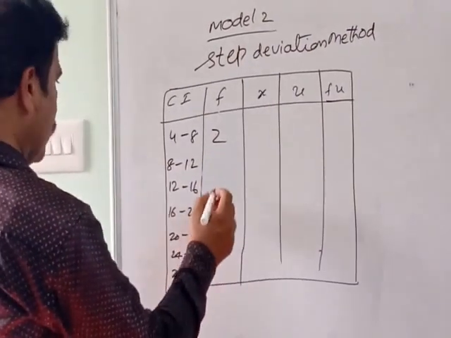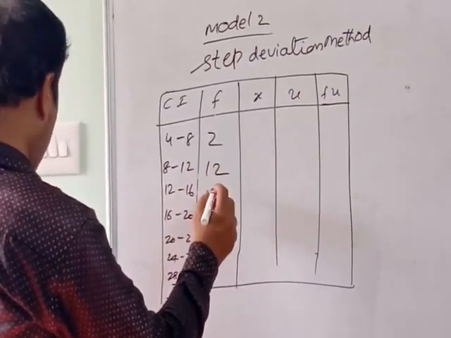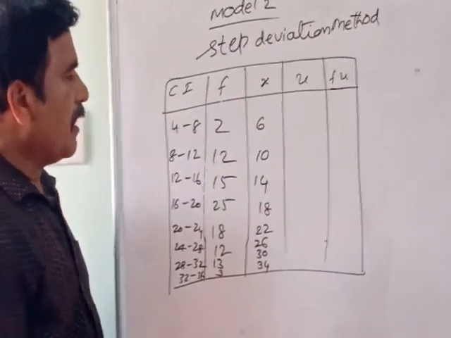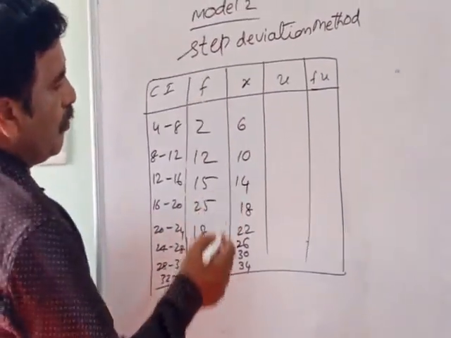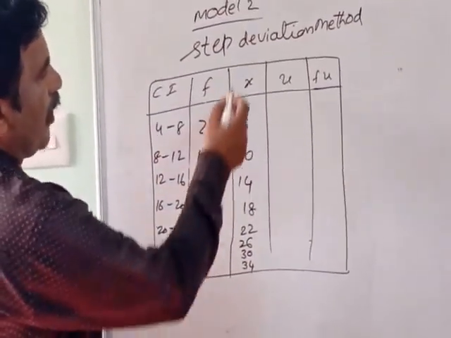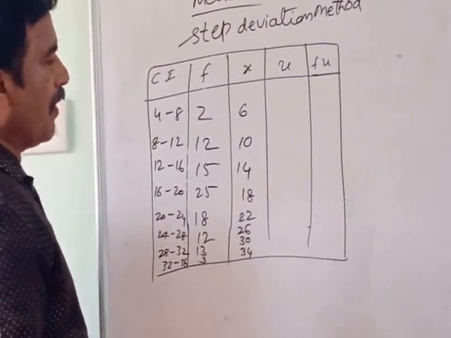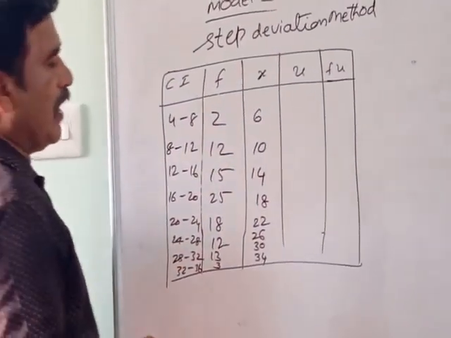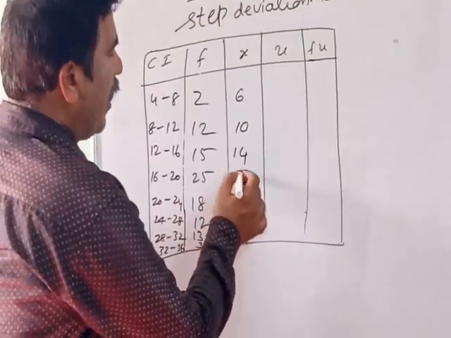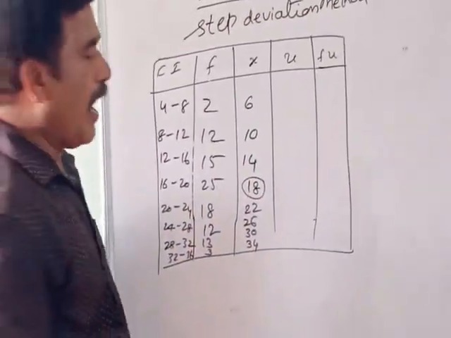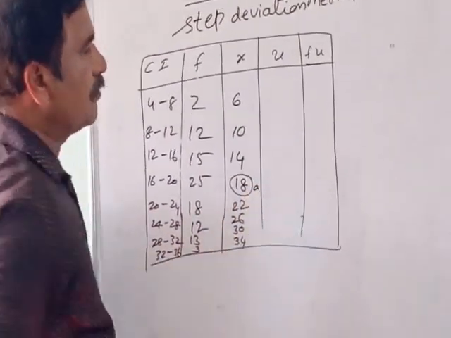Frequency values: 2, 12, 15. In step deviation, assume one of the values from the x column as a, which is the assumed mean. It is your choice; generally take the middle value. I am assuming 18 as the a value.